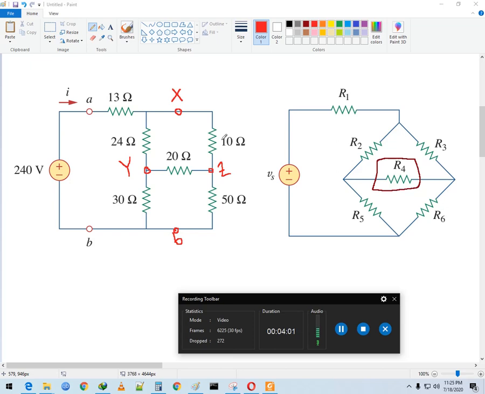Is there any series element in this circuit? Can we call this 24 ohm and this 30 ohm in series? Is it possible to say that?